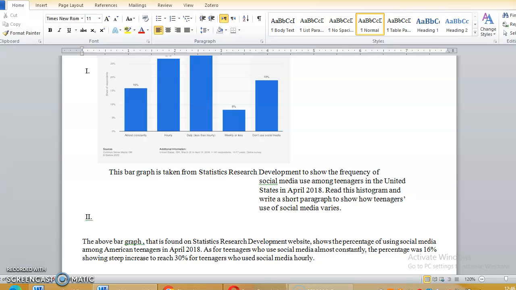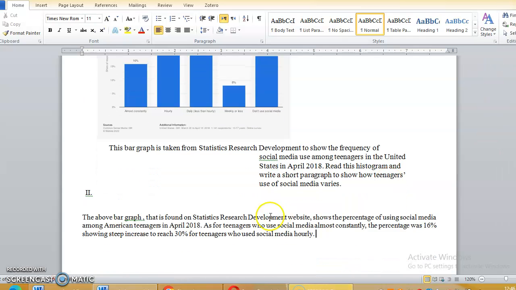Okay, this percentage, if we look at the graph, here it's 27, not 30.